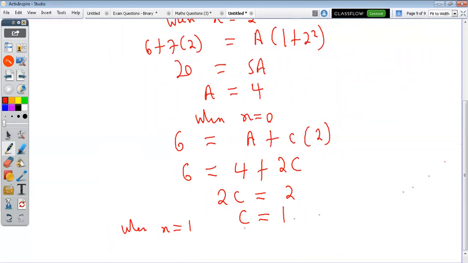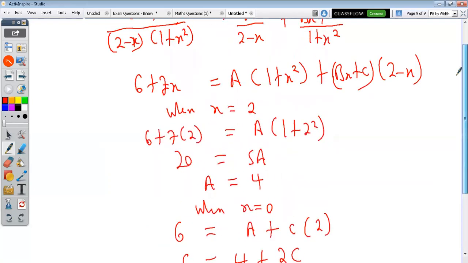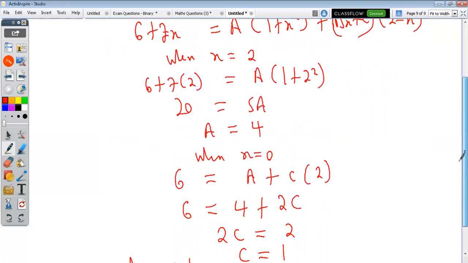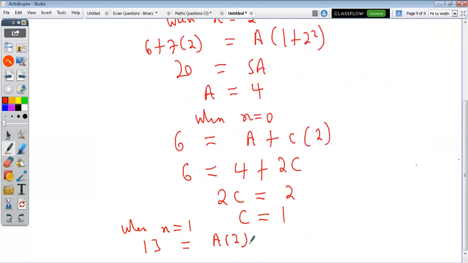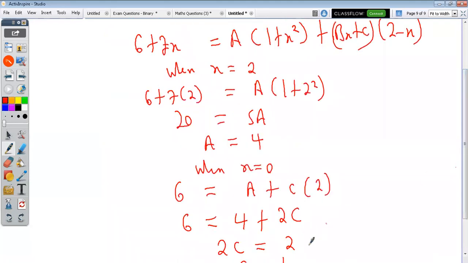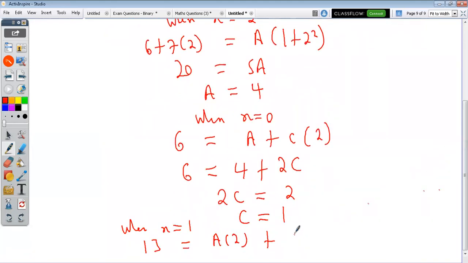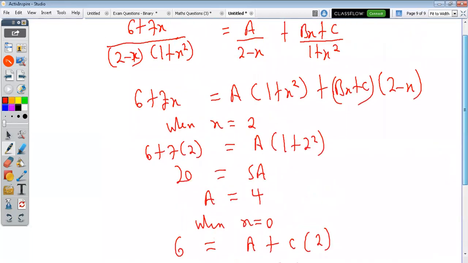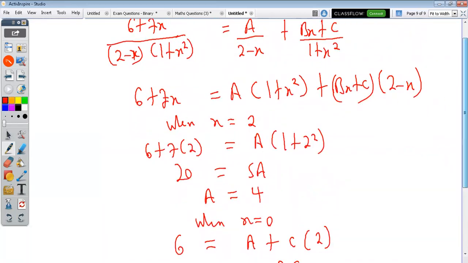lower values are easy. When x is equal to 1, that's 13 is equal to a brackets 1 plus 1 squared, that's 2, plus we're saying there that's 1, so that's b plus c multiplied by, now if you plug 1 here, simply 1.